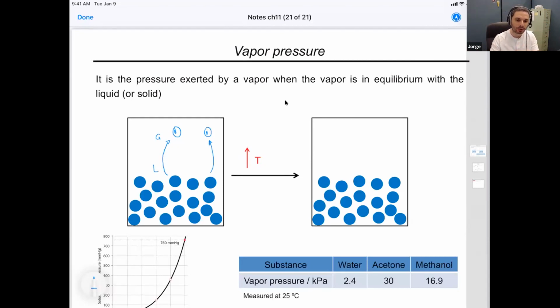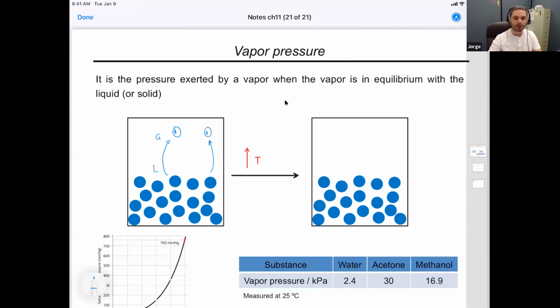The amount of molecules that are capable of escaping from liquid to gas is proportional to the vapor pressure. When the molecules are in the gas state, we can assume it's an ideal gas, and the pressure of the gas is going to be proportional to the number of molecules.